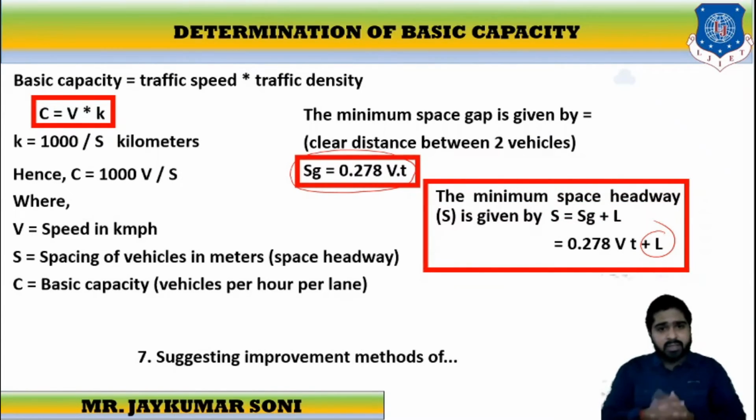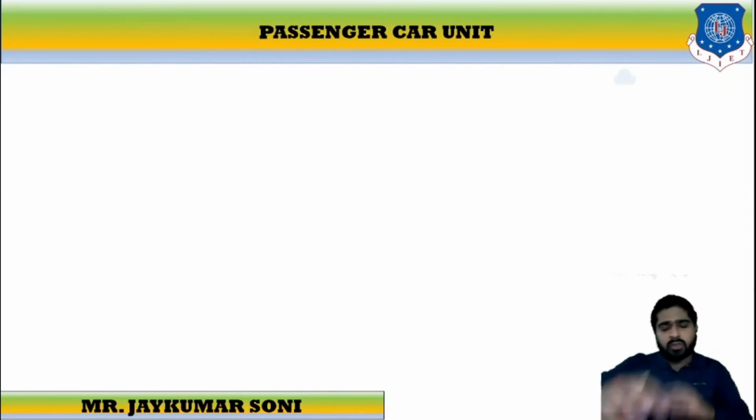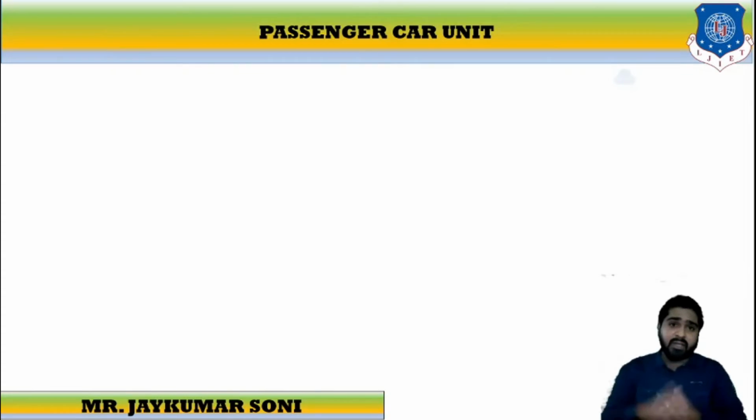The basic capacity equation, the space gap equation SG, and the minimum space headway equation S. These are the basic and most important equations: C is equal to V into K, SG equals 0.278 V into T, and minimum space headway equals SG plus L. So this was about basic capacity, traffic capacity.